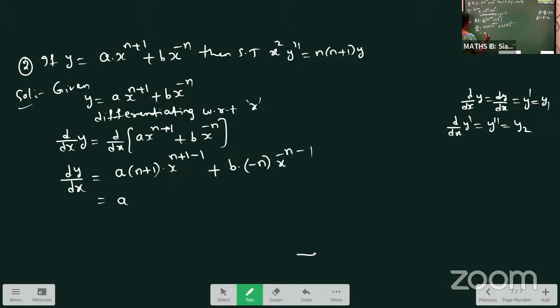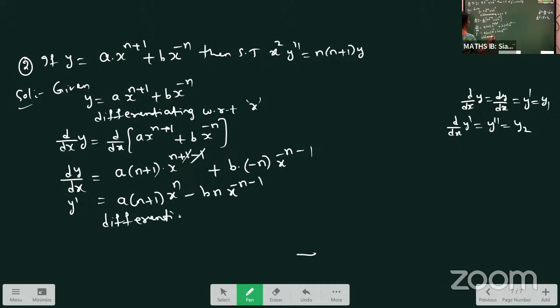So a into n plus 1 into, here 1 cancels, x to the power n, plus minus minus, b into n into x to the power minus n minus 1. This is dy by dx. We can write y dash, because in the question it is shown in terms of y dash and y double dash. Next, again take the same, differentiate.